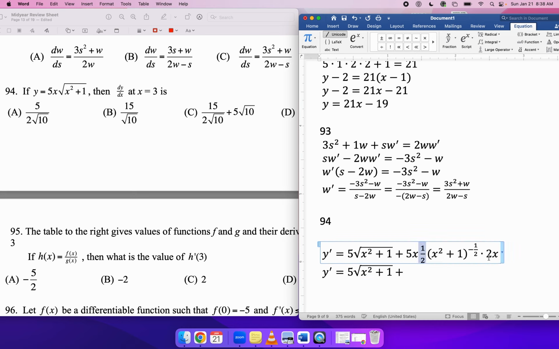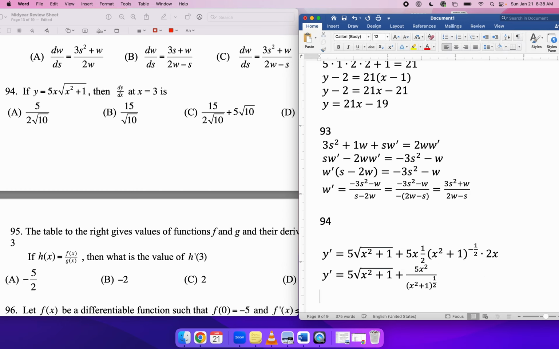This 1/2 will just cancel with that 2 over there. I'm going to have a denominator because of this negative exponent. Let me create one. So I've got x squared plus 1 to the positive 1/2 in the denominator. And then in the numerator, the 2's have canceled, but I do still have a 5, and I think I've got 2 copies of x, so I think it's 5x squared. So that looks like the derivative.